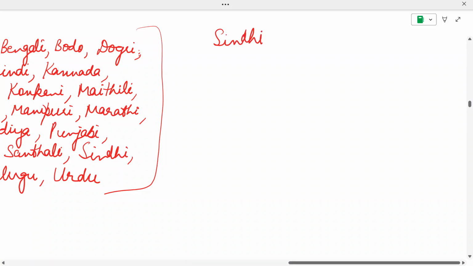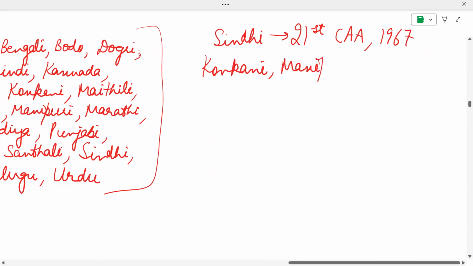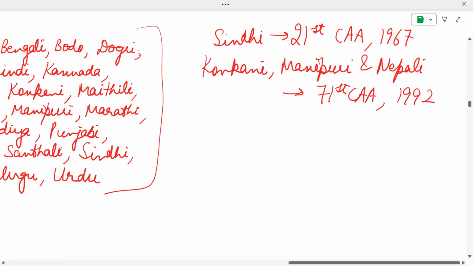it was added by the 21st Constitutional Amendment Act in 1967, while Konkani, Manipuri, and Nepali, these were added by 71st Constitutional Amendment Act in 1992.